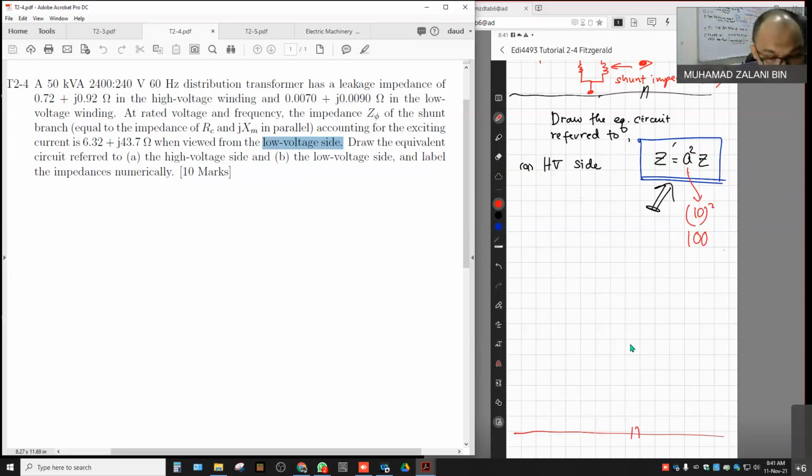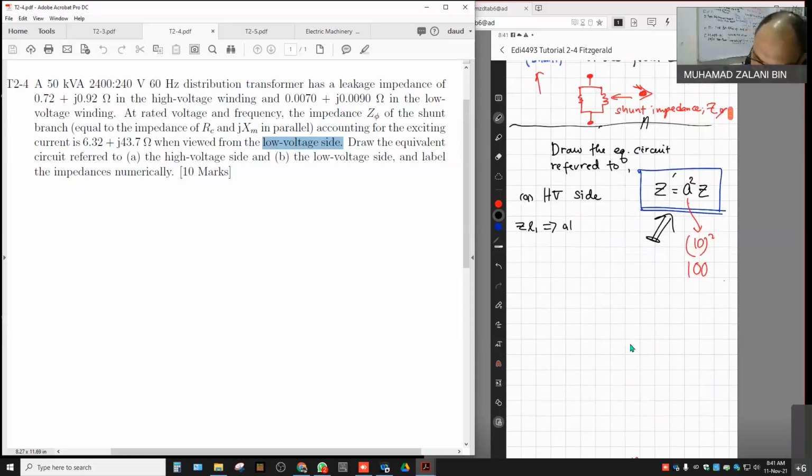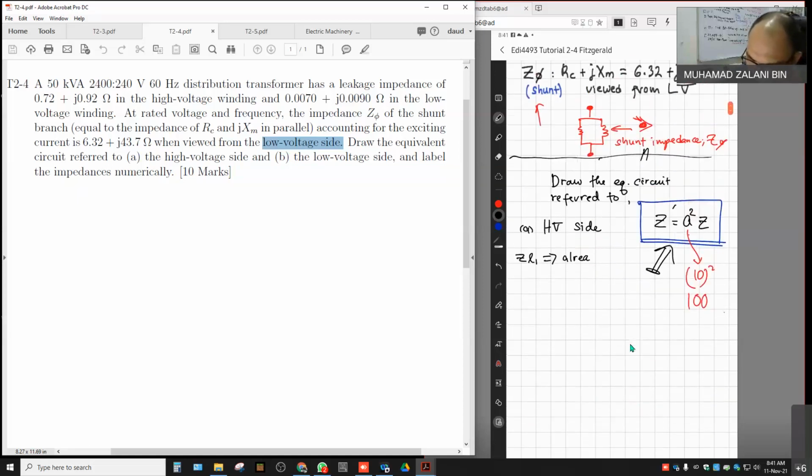ZL1 is already referred to the high voltage side.